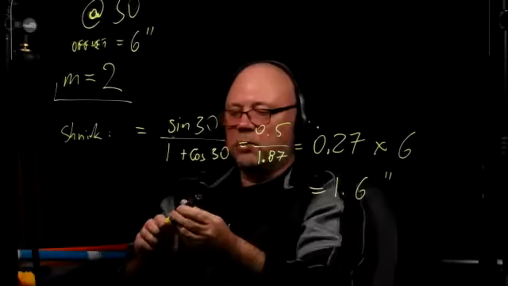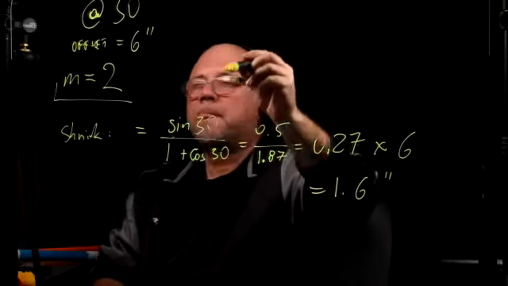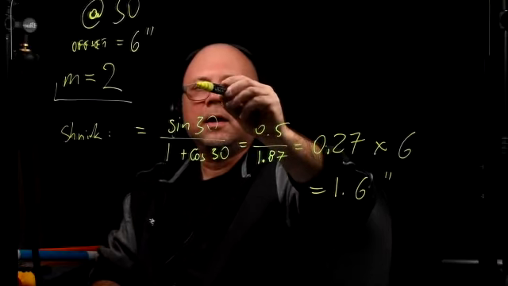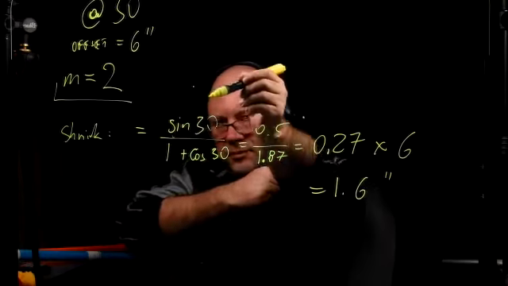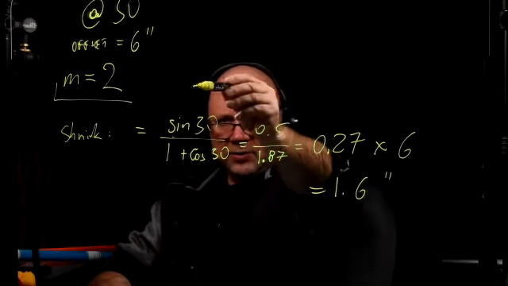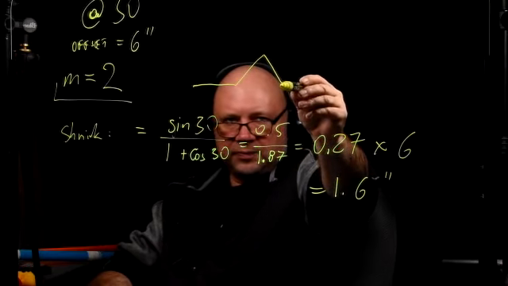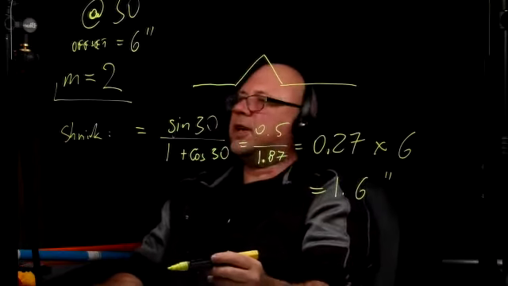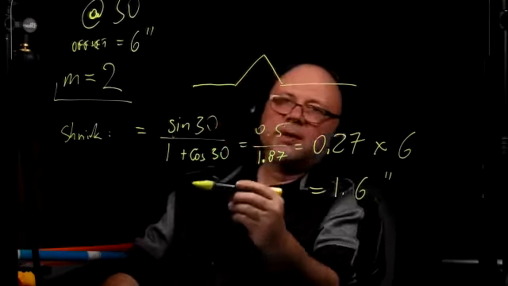And I'm going to leave you with one last thing here. How is that information that we just got, the multiplier and the shrink, going to apply to a 3-point saddle? Oh, look at that, I'm wearing a coat hat.